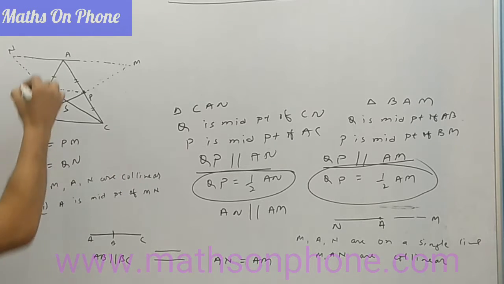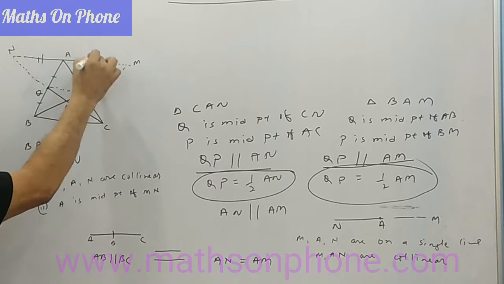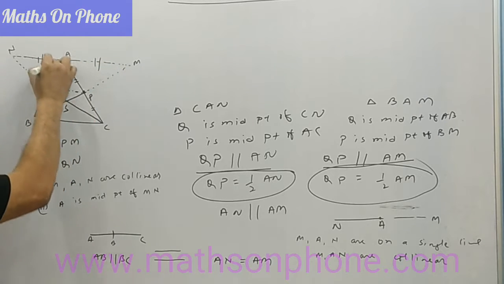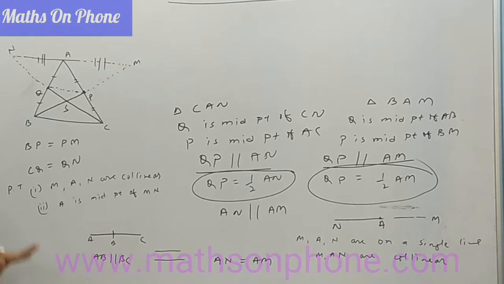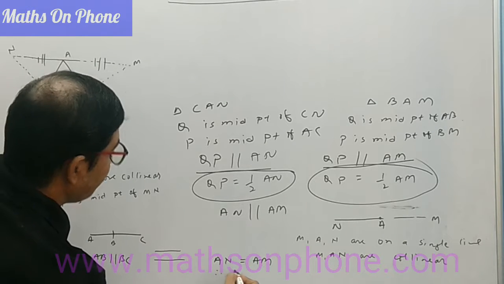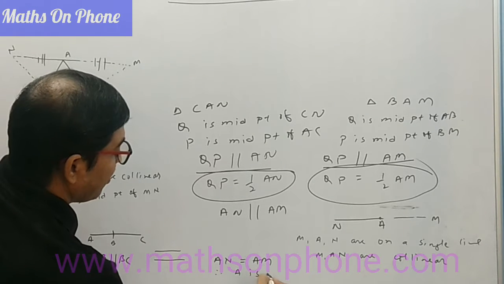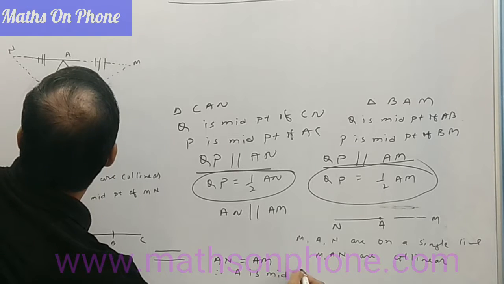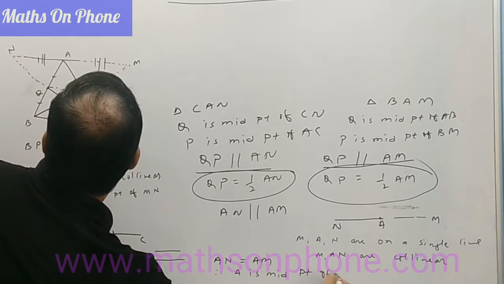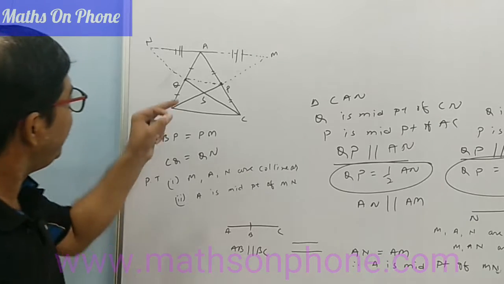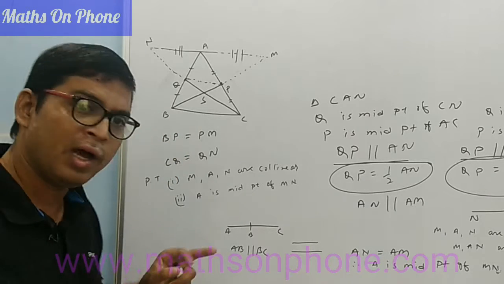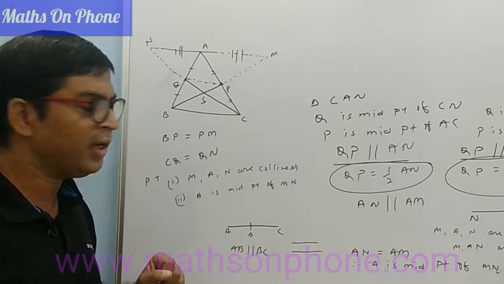If AN and AM are equal, what does this mean? This means that A is the midpoint of MN because the two things are equal. So this implies A is the midpoint of MN.